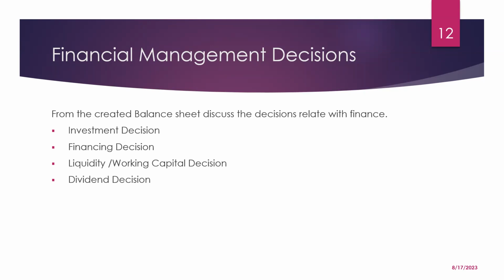We have to see the cost that we are incurring, and what type of risk we are facing when we are taking those types of decisions. We have to evaluate. How we are raising the money that we need is another type of decision that a finance manager or a financial management professional has to take. So that is known as the financing decision.